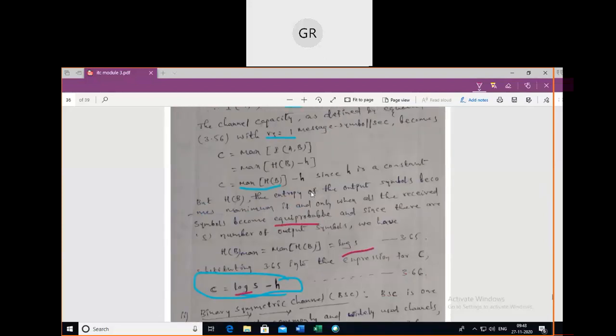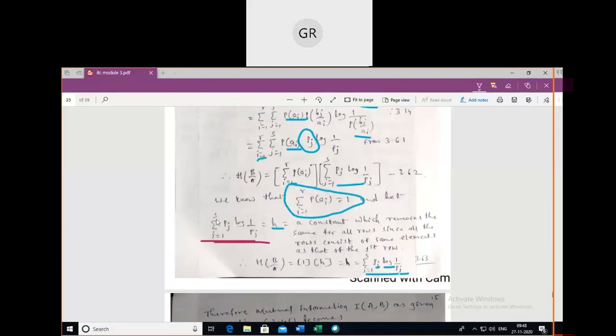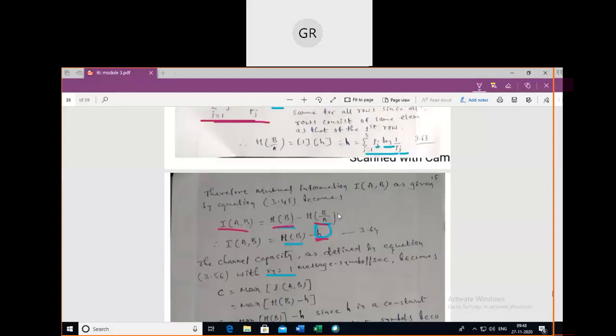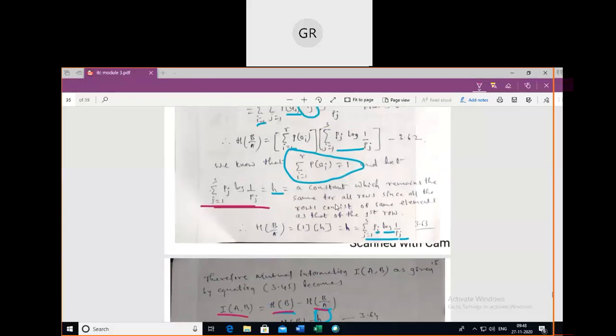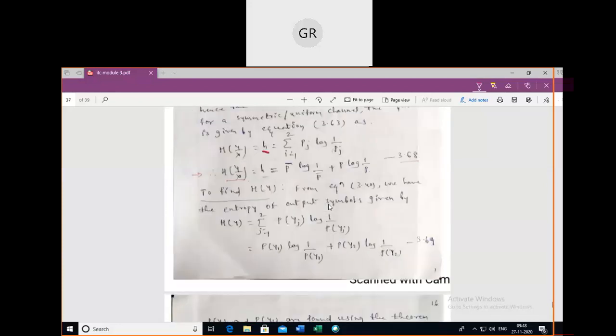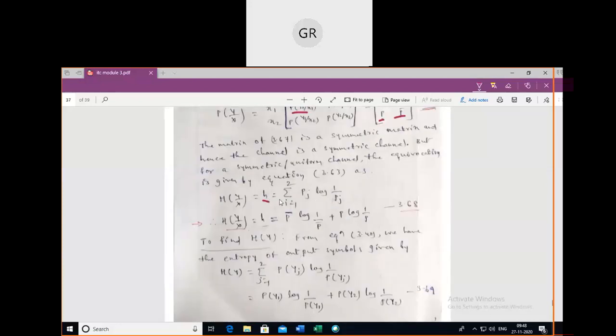It's symmetric, right? Then what is H of b divided by a? B is output, a is input. Here x is input, y is output. That's why H of y divided by x is equal to h. How many symbols here? 2 symbols. That's why j equal to 1 to 2, pj log of 1 divided by pj.